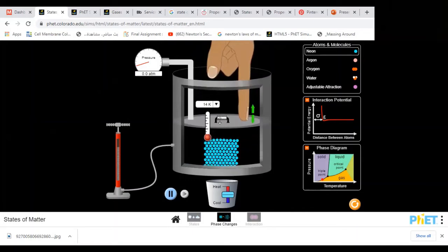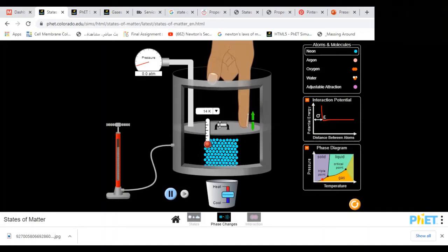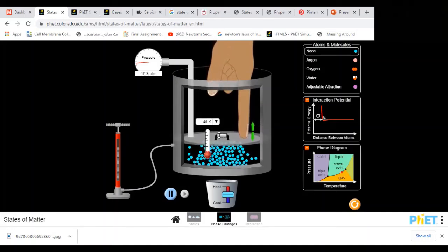Let's see if we increase the pressure on it. See, it was solid. Now by increasing the pressure, it becomes liquid.